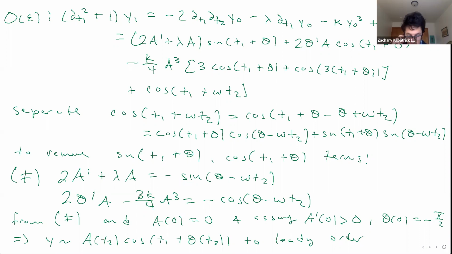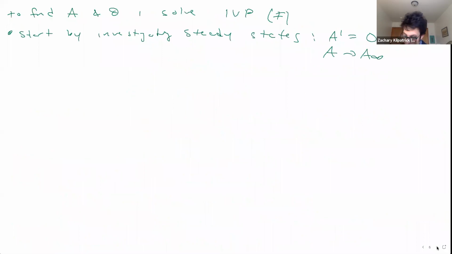I'm not going to do that in detail right now. But the basic idea is A is going to go to some steady state, and theta is going to go to some steady state value as well.